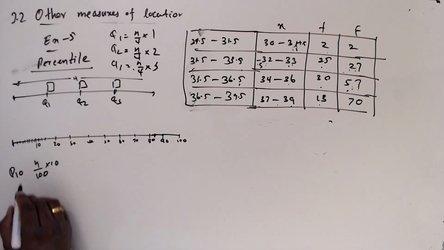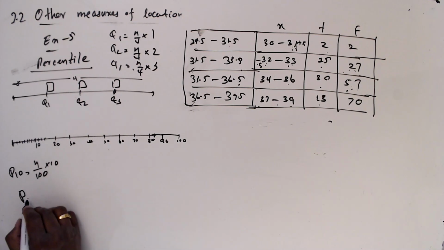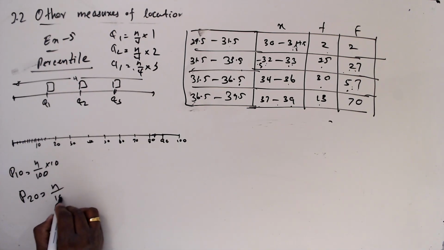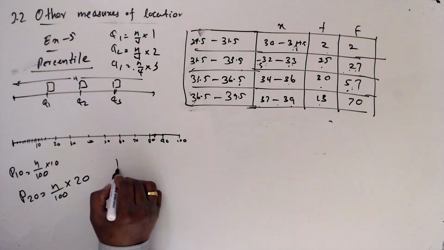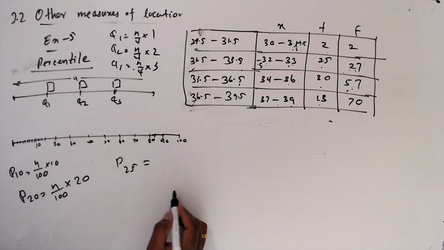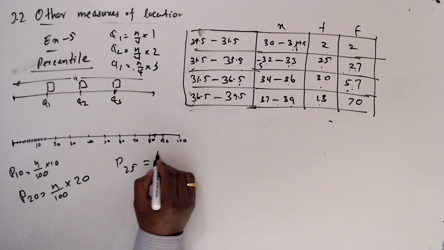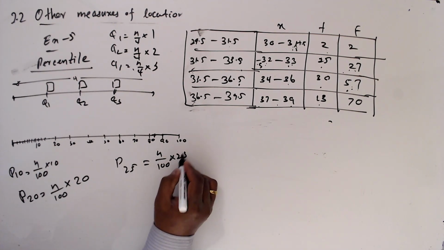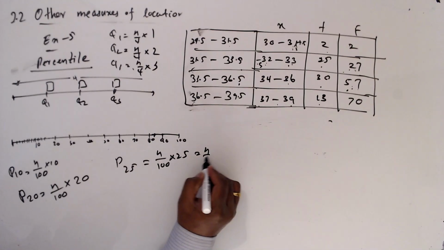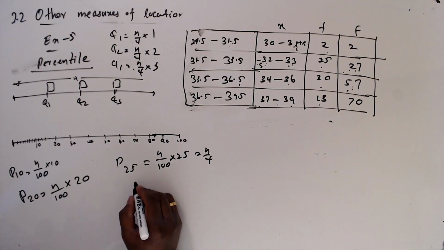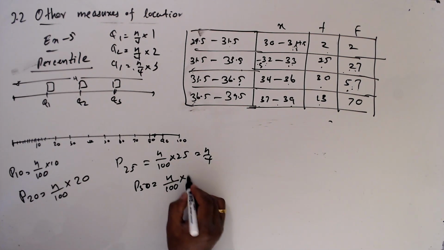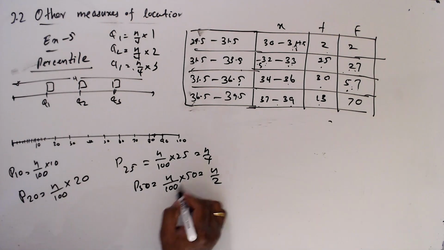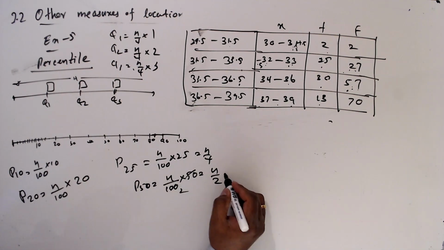If I want the 20th percentile, n divided by 100 and multiply by 20. What does the P25 percentile mean? Again the first quartile. n divided by 100 multiplied by 25, which is n divided by 4. What is P50? n divided by 100 multiplied by 50, which is n divided by 2, which is the median.